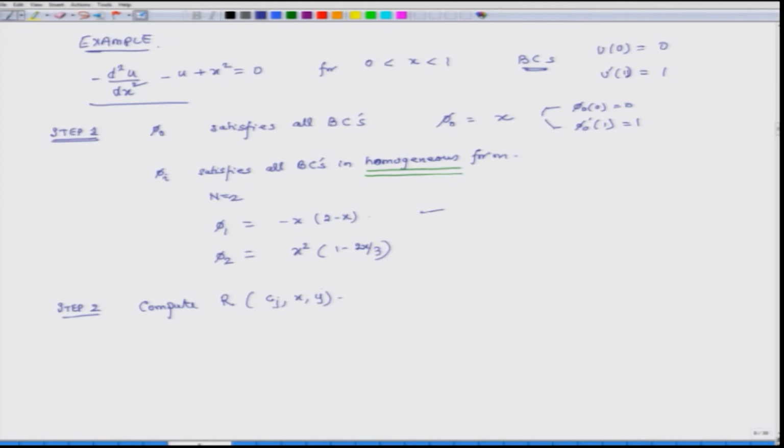So for this we plug in phi naught and, one second, here my u n, the 2-term solution u 2, is equal to C 1 phi 1 plus C 2 phi 2.